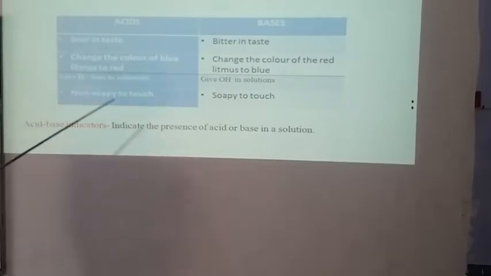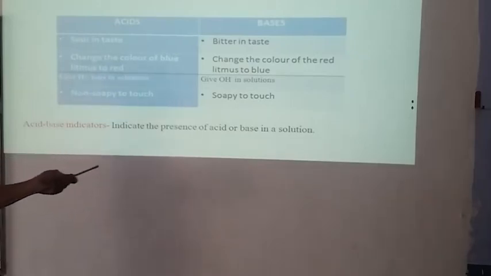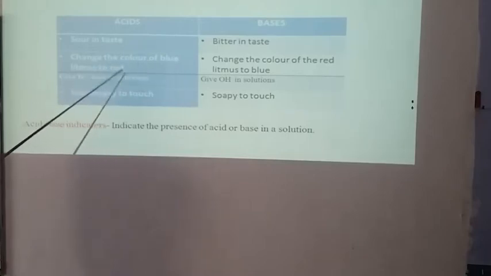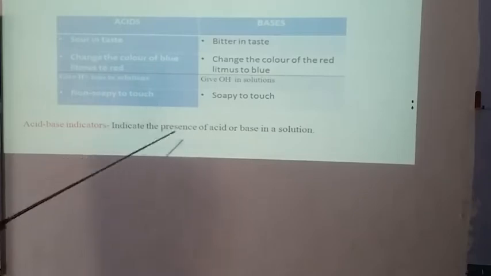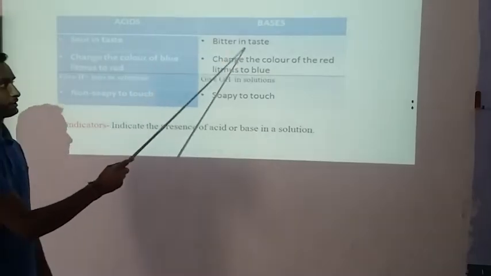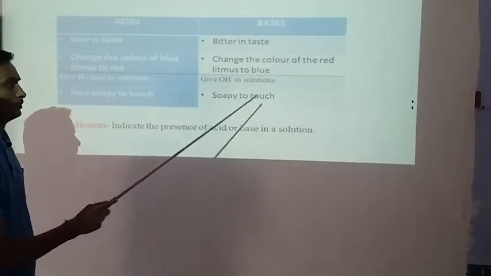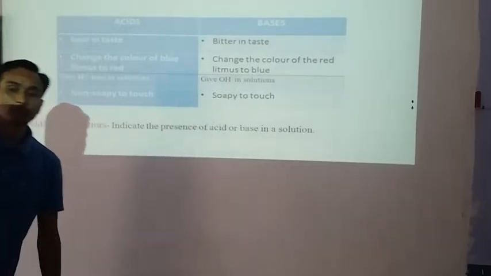Now, we conclude about acids and bases. Acids are the substances which are sour in taste, which change the color of blue litmus to red, and which are non-soapy to touch. While bases are the substances which are bitter in taste, which change the color of red litmus to blue, and which are soapy to touch.